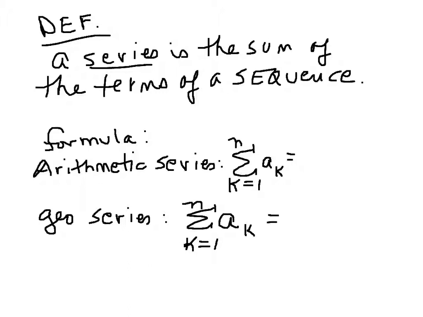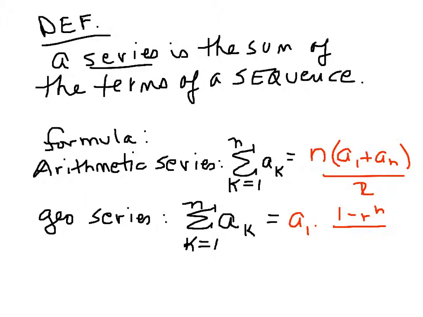So the formula for the sum of an arithmetic sequence is n times a sub 1 plus a sub n over 2. And the formula for the sum of the first n terms of a geometric series is a sub 1 times 1 minus r to the n over 1 minus r. All right, so those formulas I am sure you have seen going back as far as Algebra 2 at least.